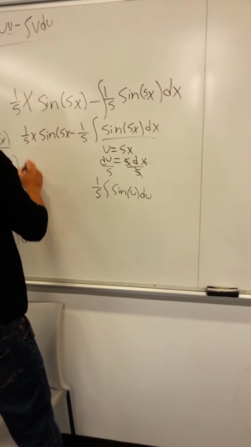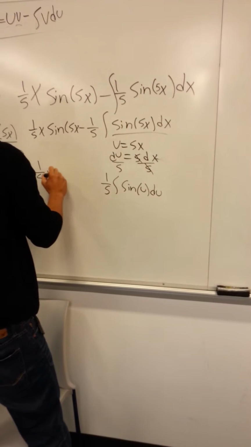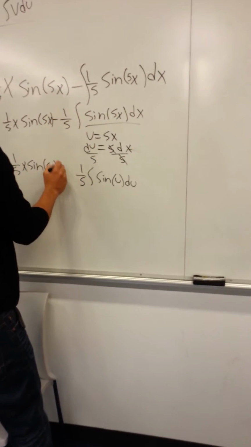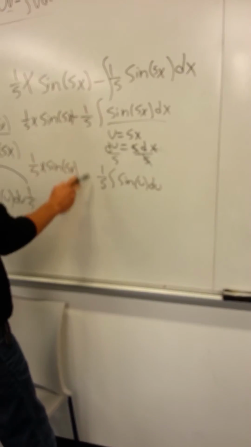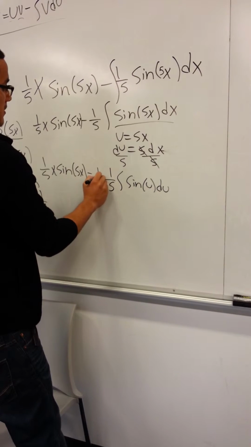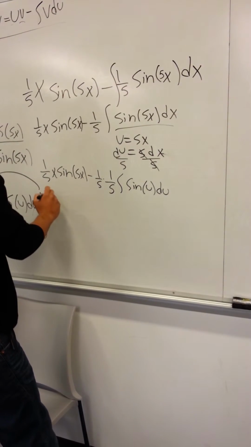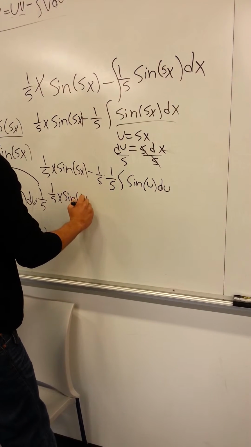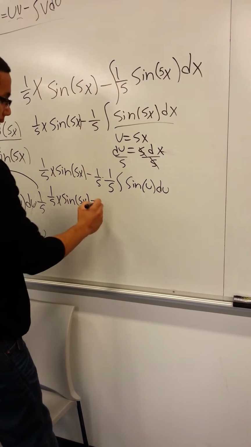And what happens here is that this negative 1 over 5 is going to multiply with this 1 over 5. So we can rewrite that in the next step. I'll give you negative 1 over 25.